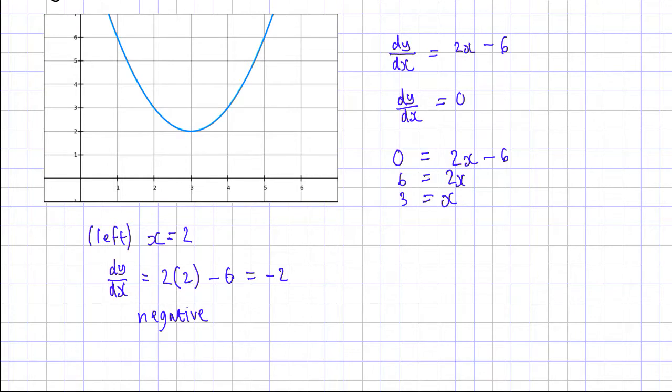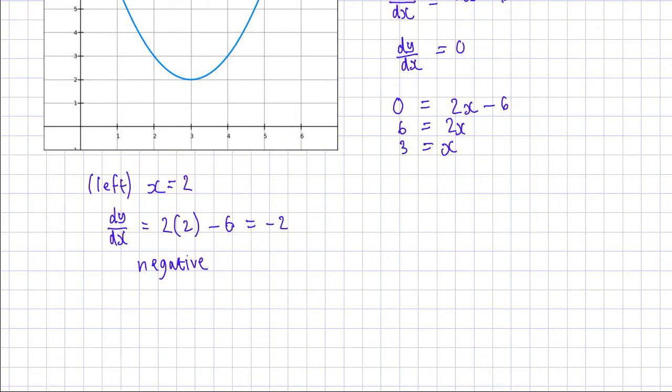And then on the right of x equals 3, so on the right of this point, I have x equals 4. I'm just going to go straight to the next integer and not go anywhere in between, because then my calculations will be a lot harder. So on the right, I have x equals 4.